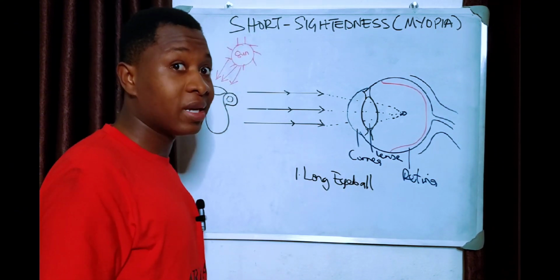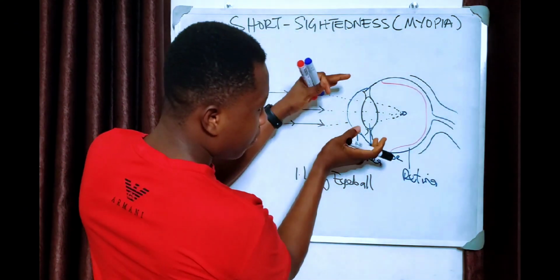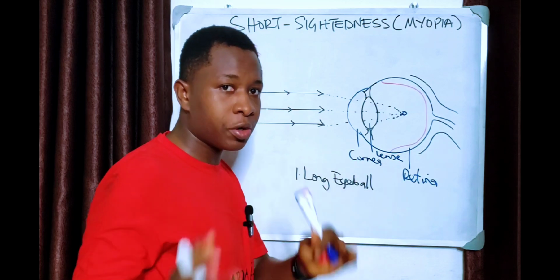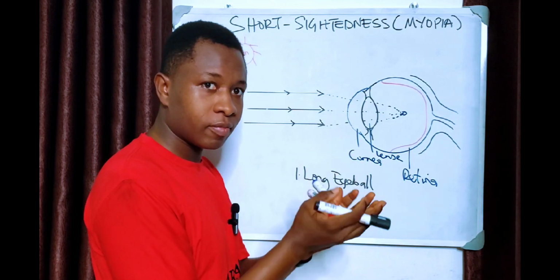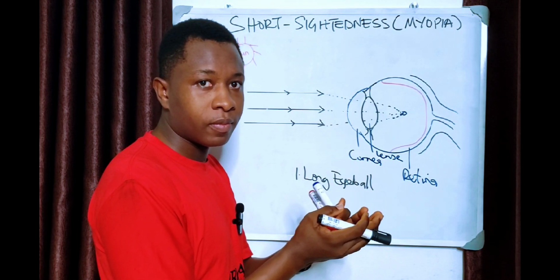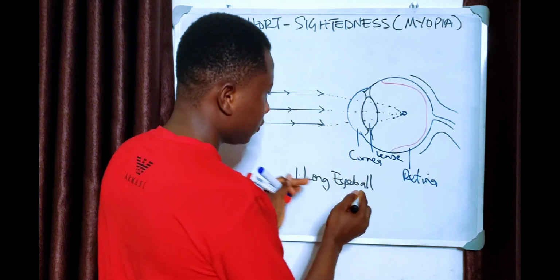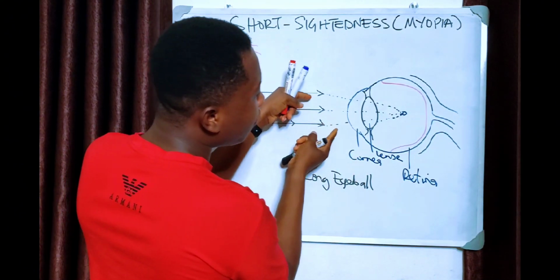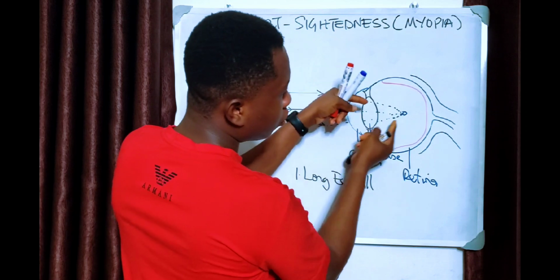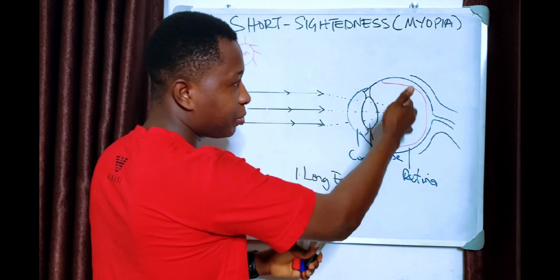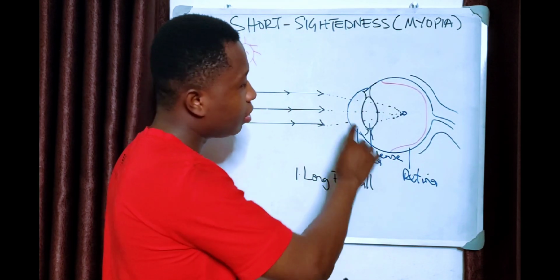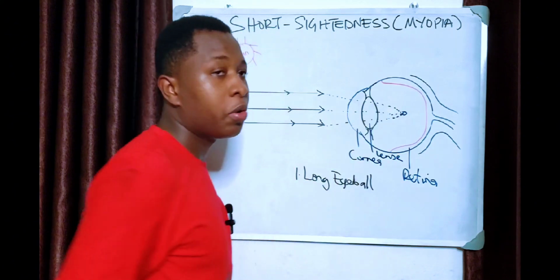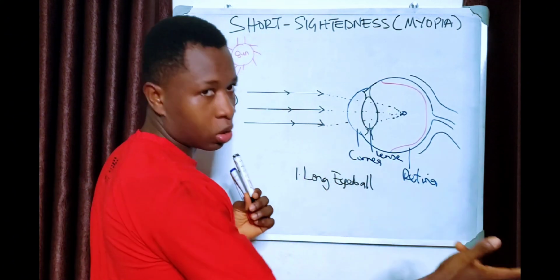Your eyeball is longer than usual, which means your eyeball is rather cylindrical than circular or spherical. So when the eyeball is longer, the light ray has already stopped before it travels to the retina. The light ray won't be able to get to the retina if your eyeball is too long.